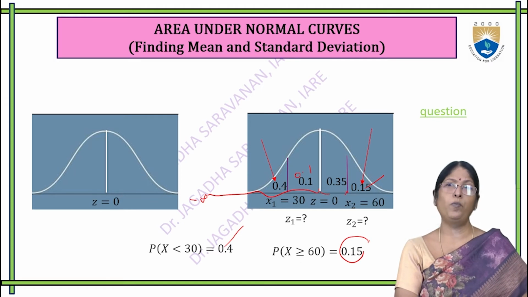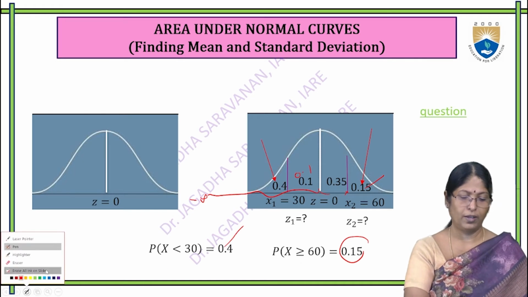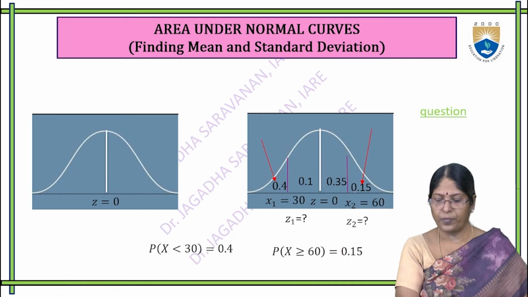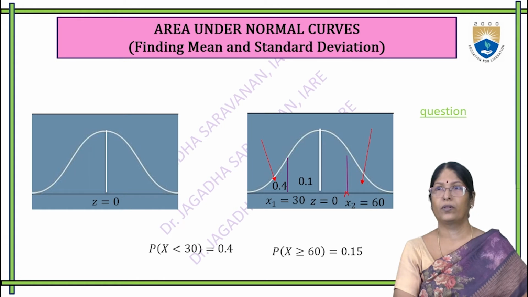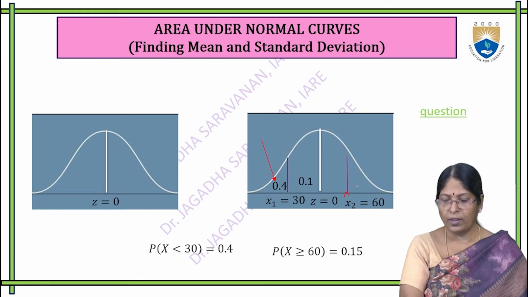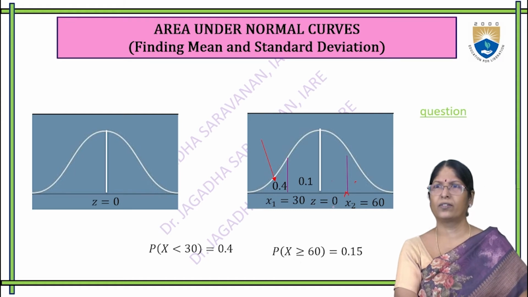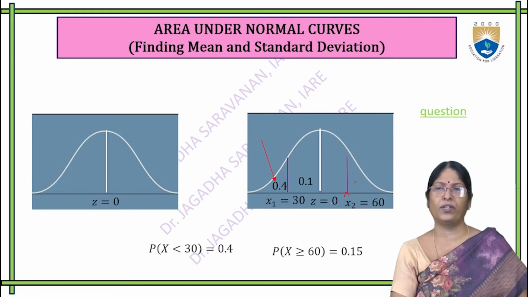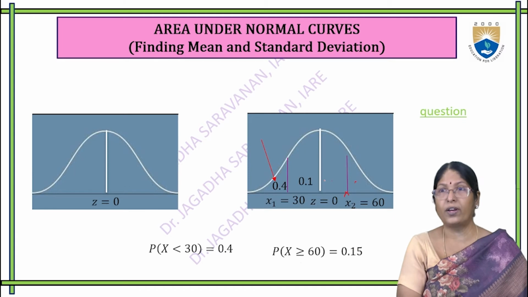One more thing, there is a possibility of one more doubt. It may arise from the student's angle. Here I have written 0.15. Why not here? We have to ask so many questions. Why is 0.15 not written here?